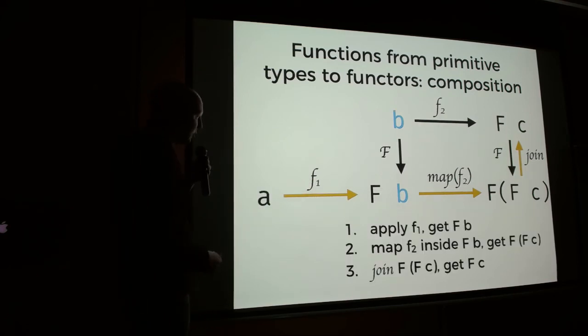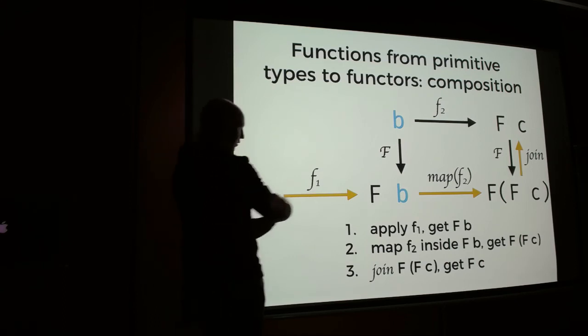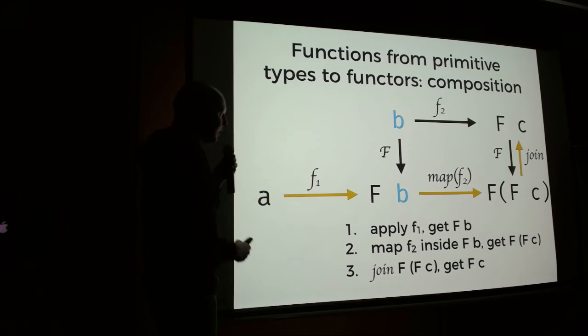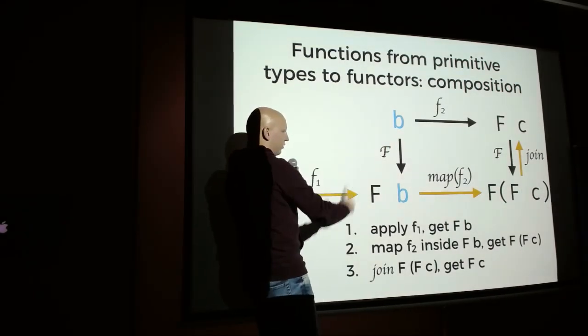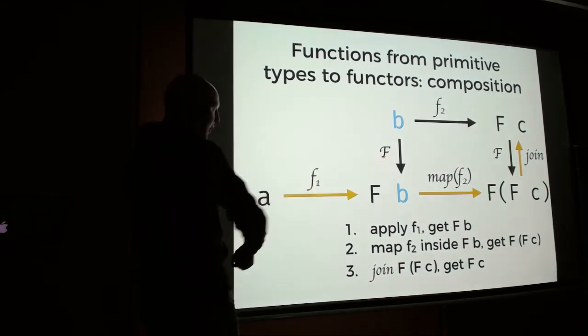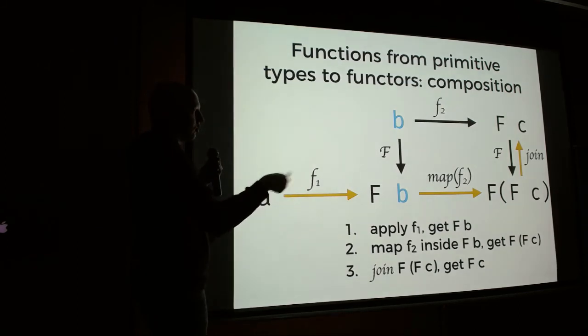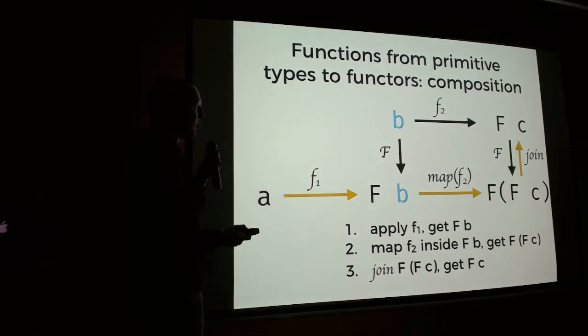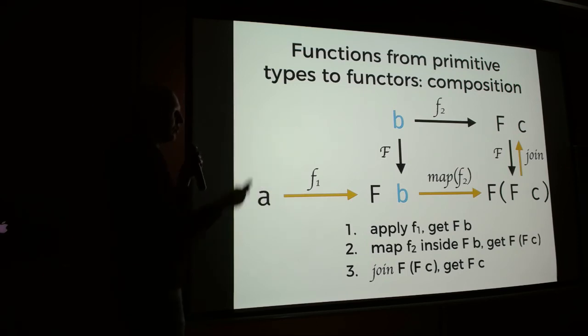So what we do, we start with an A, we apply F1, we get F of B, then we can use our F2, just mapping it into a functor, and we get F of FC here in the corner, and then we just engage this mysterious join operation and reduce nestedness, and we're back into FC, which is just what we wanted.